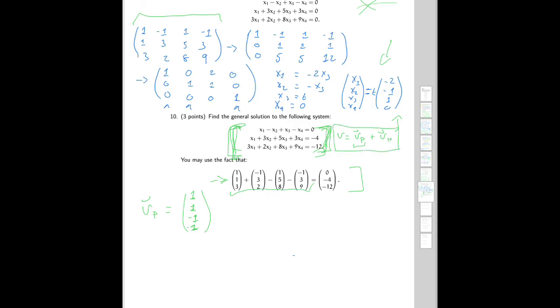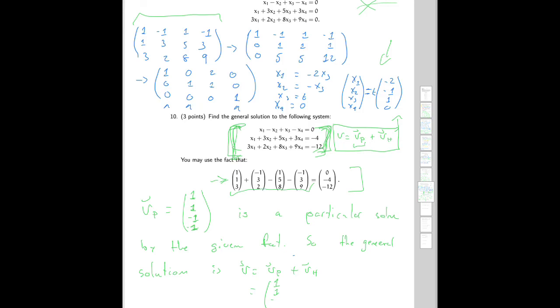Okay, so then this right here, this is one of the theorems in the book, I think theorem 2.36, tells us that the general solution, so this is a particular solution by the given fact. So the general solution is V equals VP plus the general homogeneous solution.